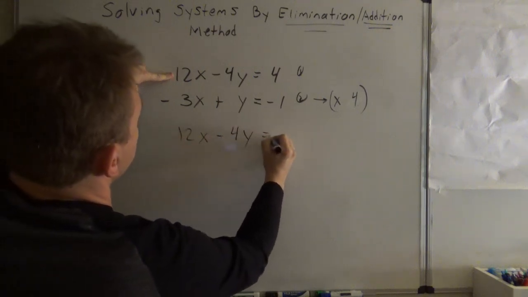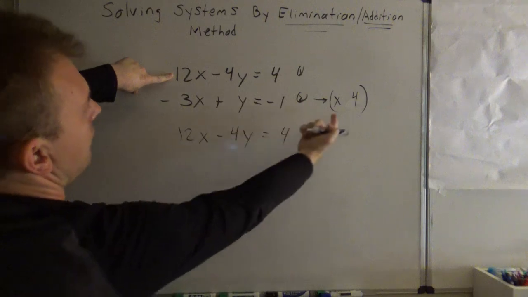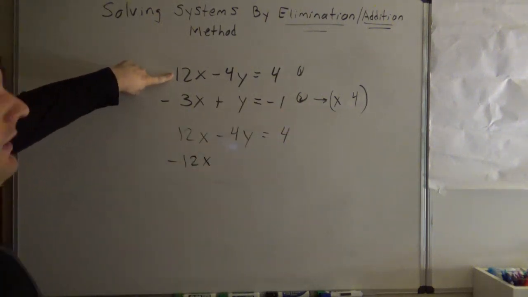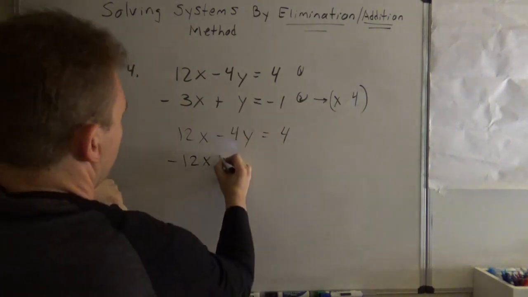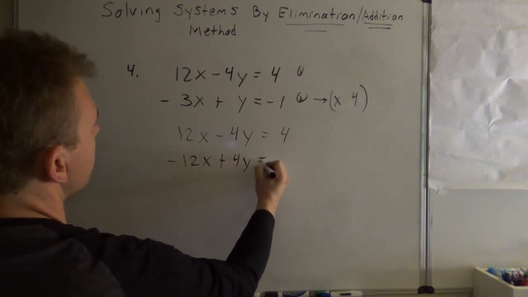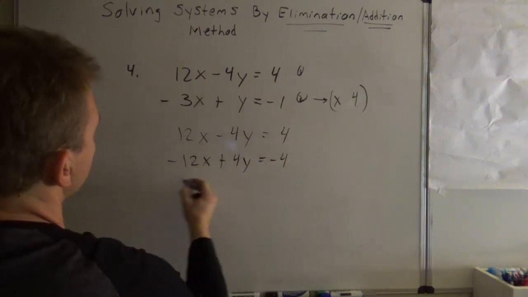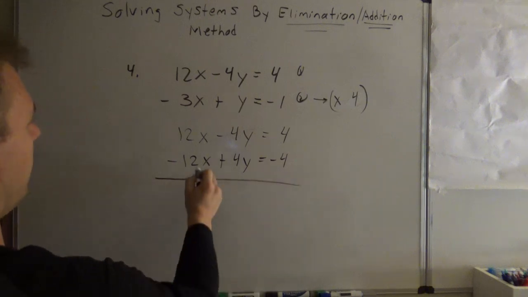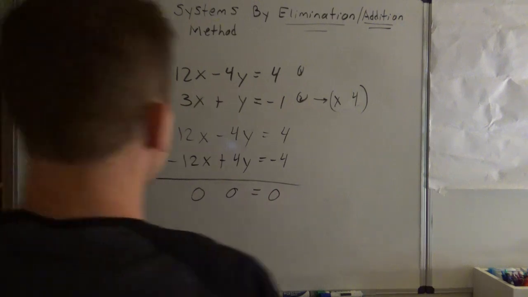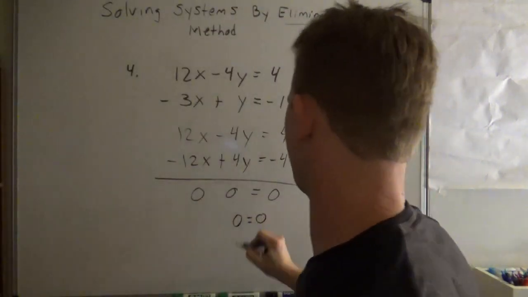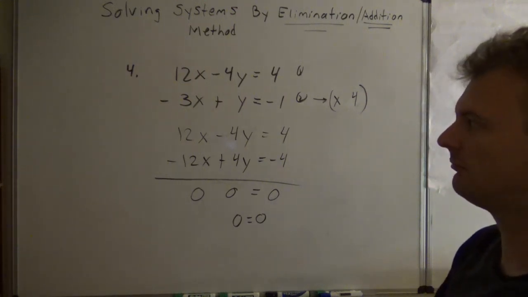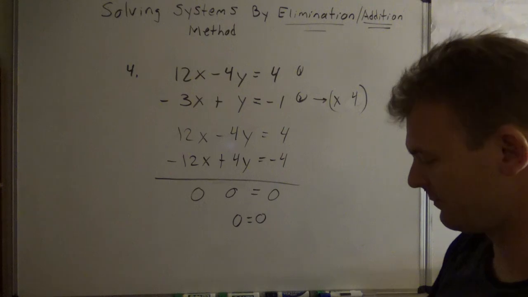The second equation, 4 times -3 is negative 12x. 4 times y is going to be positive 4y equals negative 4. Add, and look what happens again. Oh, the whole thing is 0. So 0 equals 0, which is actually a true statement, but this doesn't work. There's no solution to this. Okay.